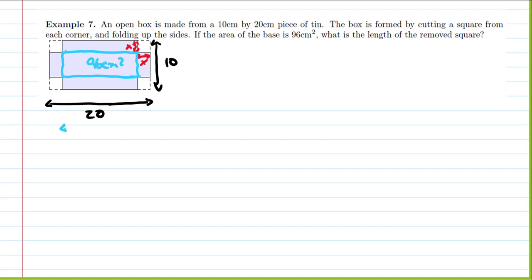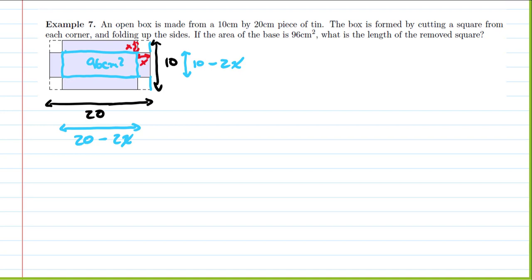Well, if that's the case, if this whole side was 20 centimeters, and I'm cutting out an x from each side, then this has to be 20 minus 2x, because we're cutting out 2 x's. We get something similar here, because we cut an x here, and we cut an x here, so that would be 10 minus 2x.